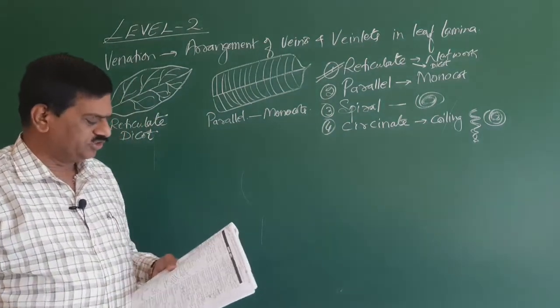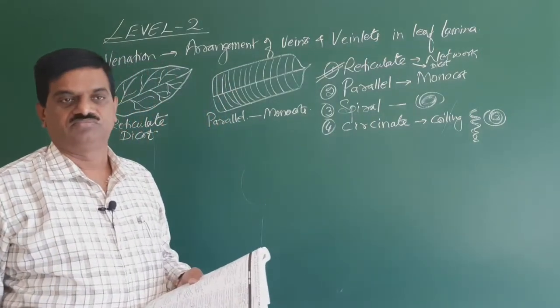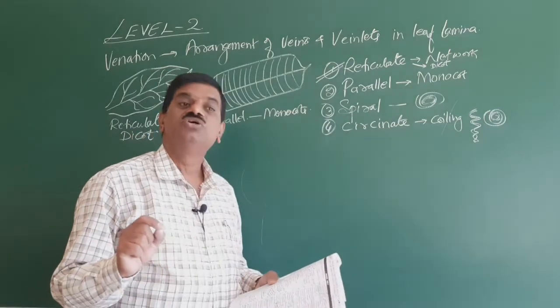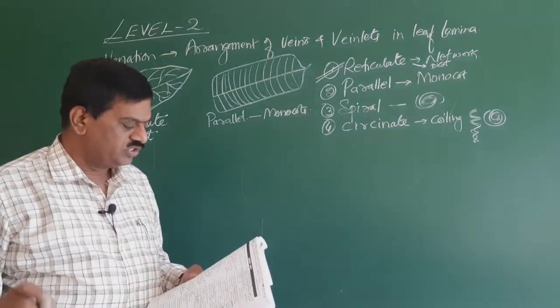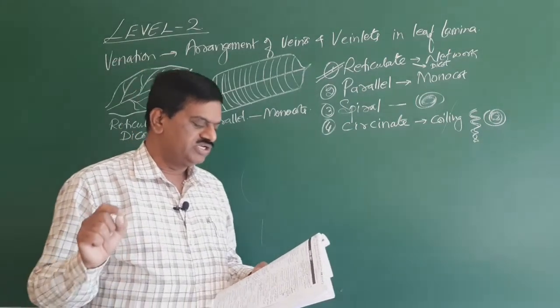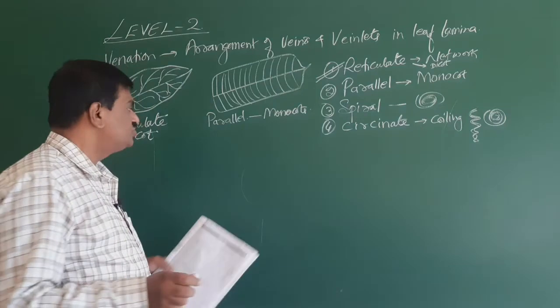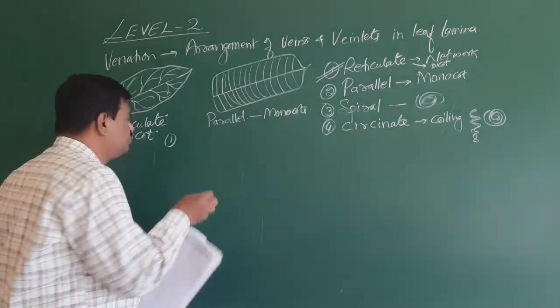Now we go for the second question. Leaves develop from. The first option is nodes, the second option is internodes, the third option is epidermis, and the fourth option is endodermis. So the first one is called nodes.